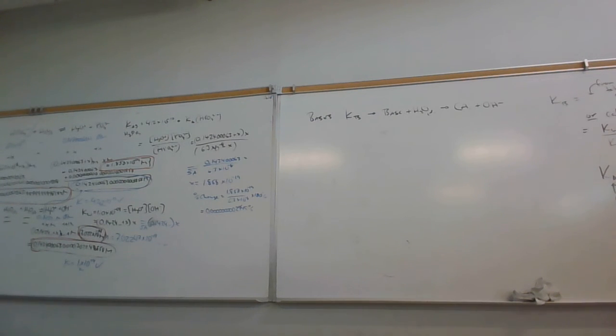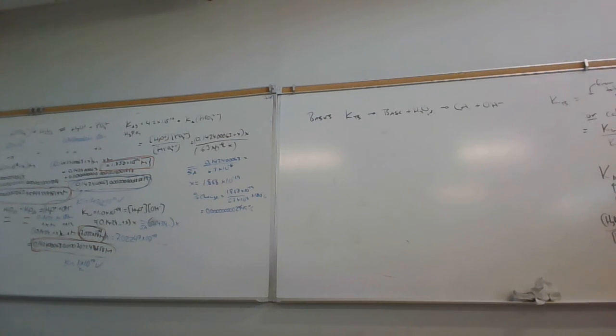We can prove this using a generic acid and generic base. The Ka for an acid is usually hydronium times its conjugate base, which we'll use the generic A minus, over HA, the generic acid. Kb is going to be, if they're conjugates, HA times the hydroxide concentration divided by the A minus, which would be the base.